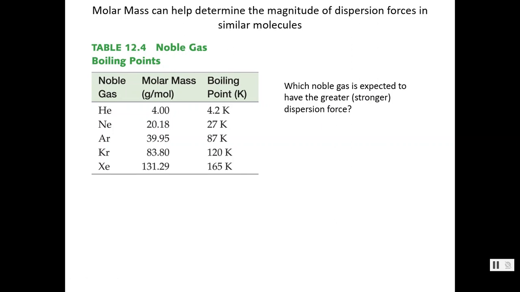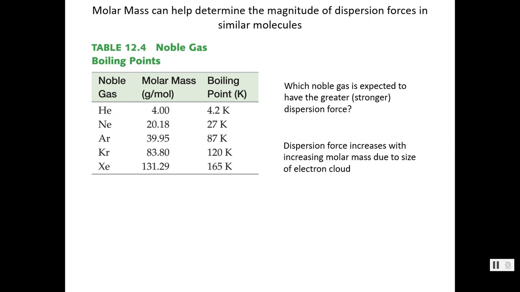And so remembering that dispersion force is due to the movement of electrons in the orbital or the electron cloud of the species, you can easily envision that the larger your molecule or atom is, the more electrons you have.